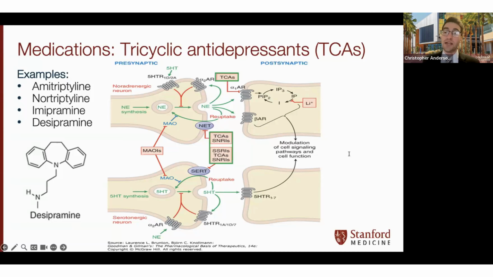And it can result in increased side effects when using these medications. And on the bottom left, I'm showing my second favorite medication called desipramine, and we'll see why on the next slide. You can see the three-ring structure here, which is where this class of medications derives the name tricyclic.